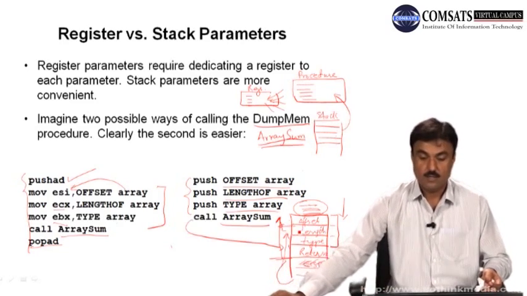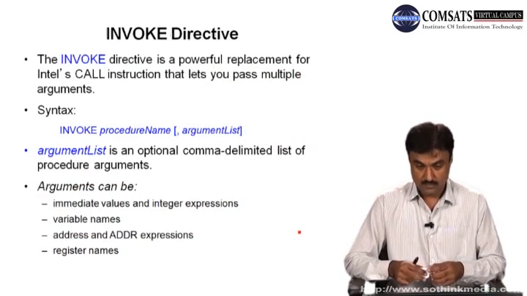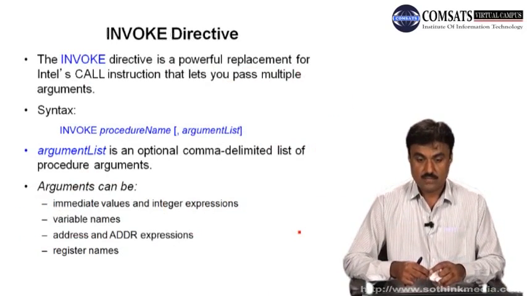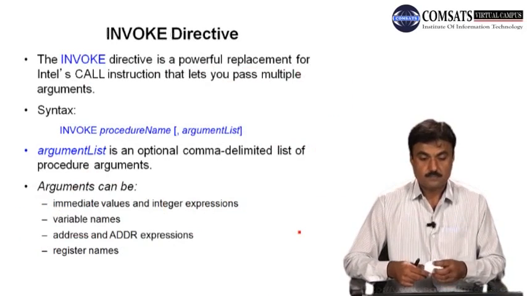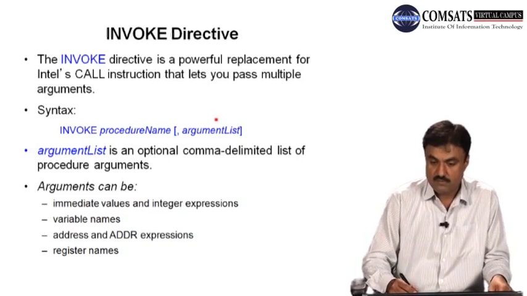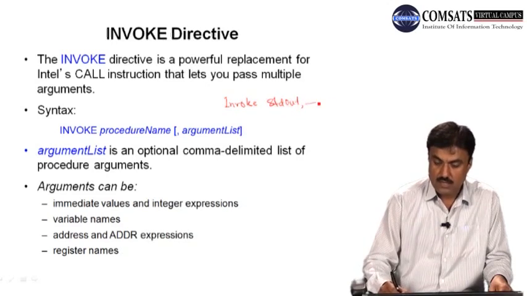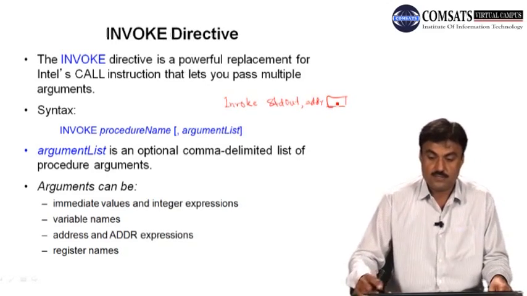So before starting this example, we want to discuss the invoke directive. We have even used this invoke directive previously. For example, invoke stdout, and then a comma, with a parameter like the address of some variable that we want to print.